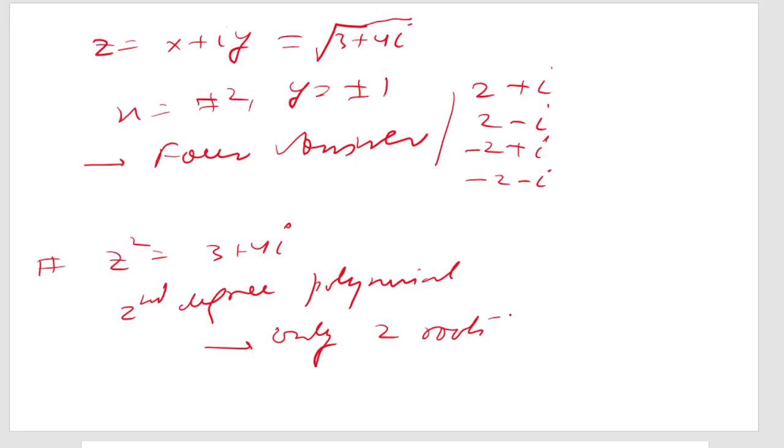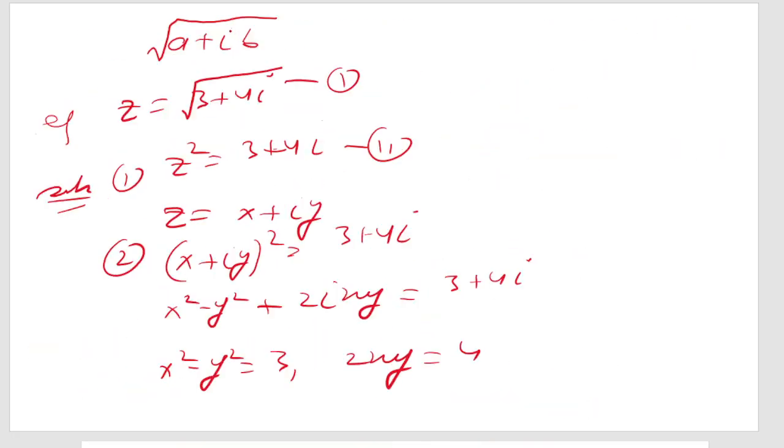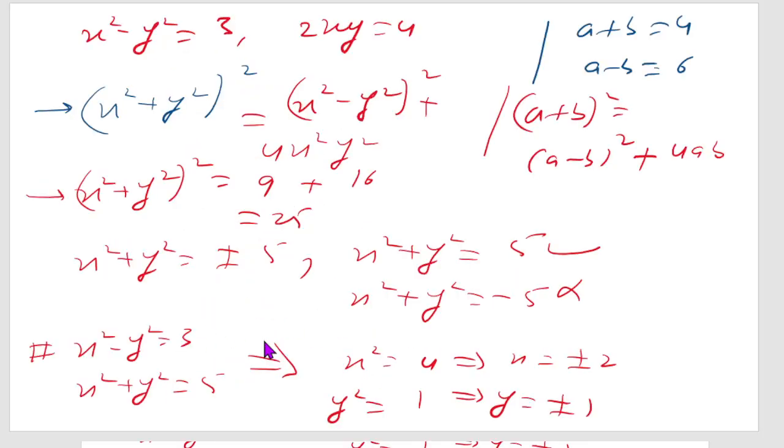So how do we satisfy which are the 2 roots? Because if you observe, the conditions are x square minus y square is equal to 3 and 2xy is equal to 4. So we have these 2 conditions.